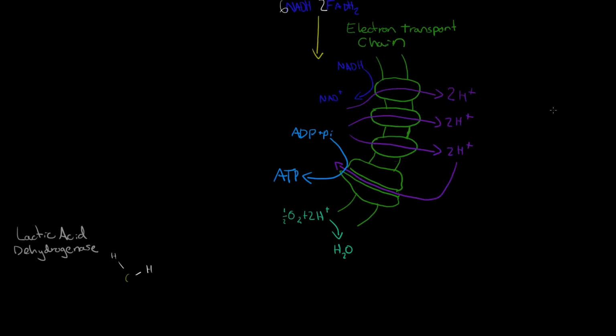So we can see that our NADH and our FADH2 are pumped right down into this electron transport chain here. And the way this works is we're actually oxidizing NADH and FADH2 into NAD plus and FAD. And when we do this, we see that we trigger hydrogen pumps.